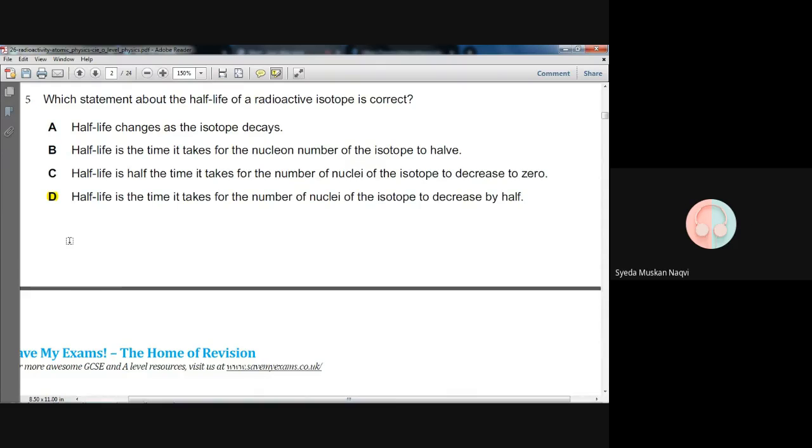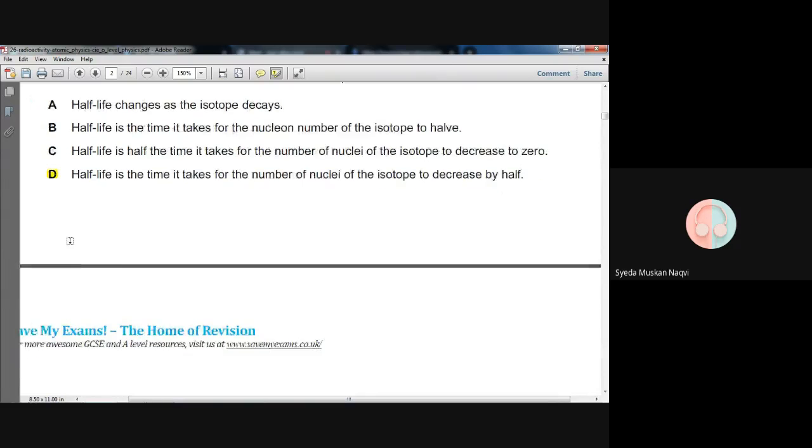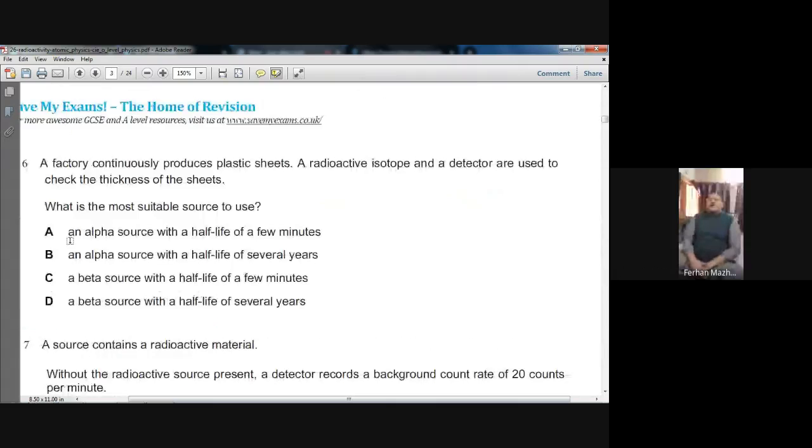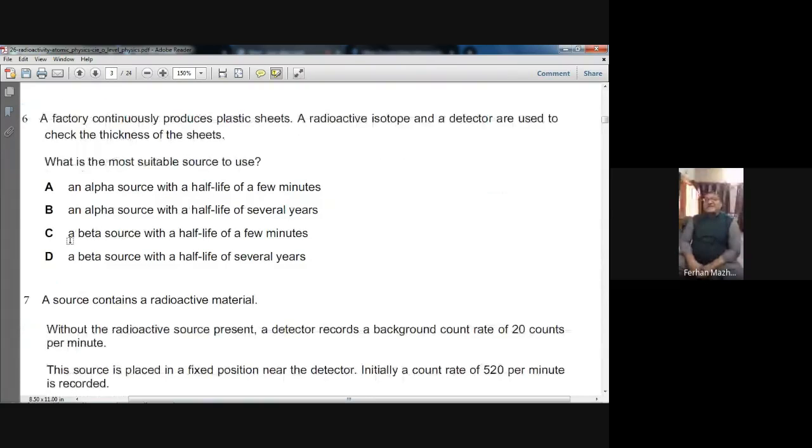Yes, sir. Okay. A factory continuously produces plastic sheets. A radioactive isotope and a detector are used to check the thickness of the sheets. What is the most suitable source to use? An alpha source with a half-life of a few minutes?